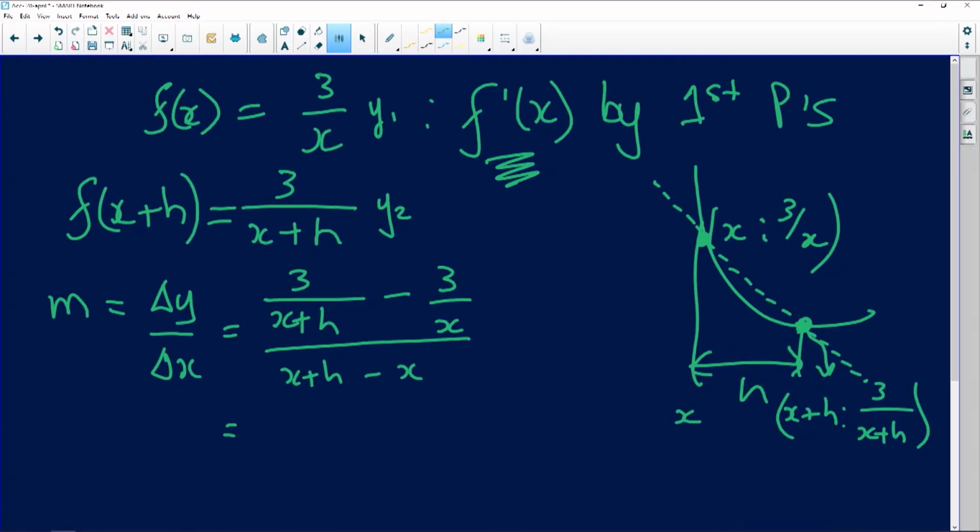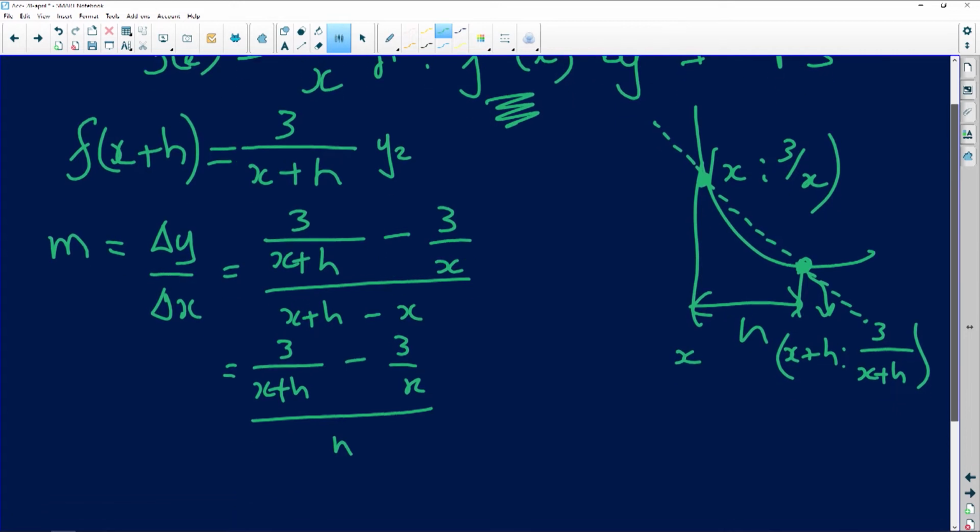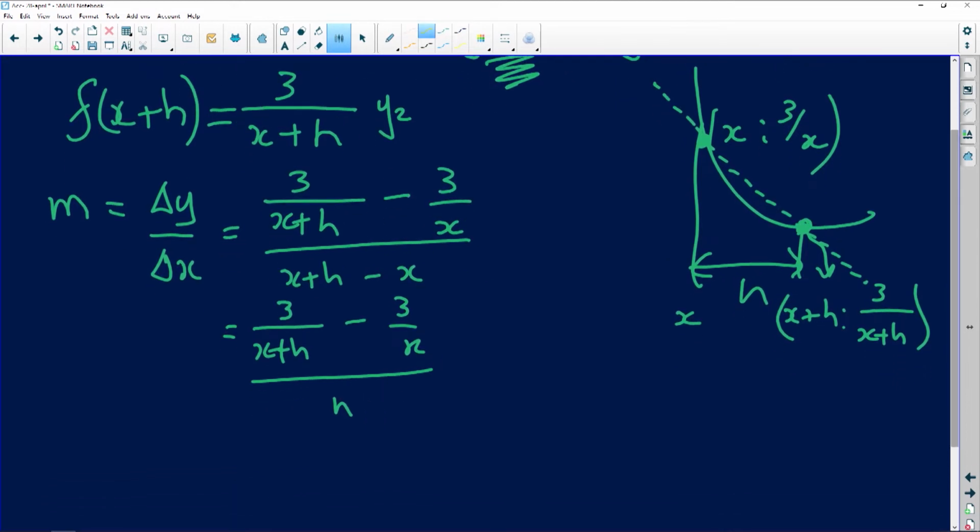Watch the screen. Let me just clean that up: 3 over x plus h minus 3 over x, divided by h, is what I have. Okay, now I see that I've got 2 denominators in this complex fraction.